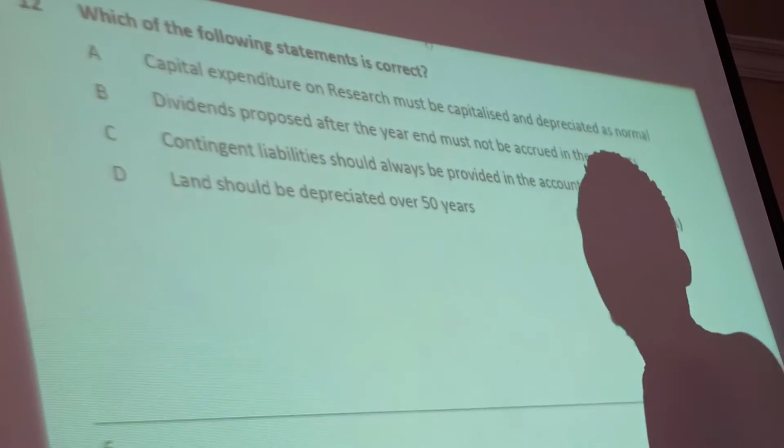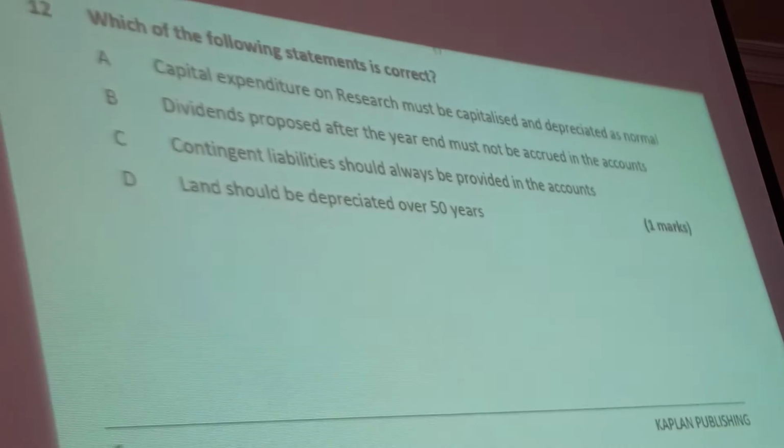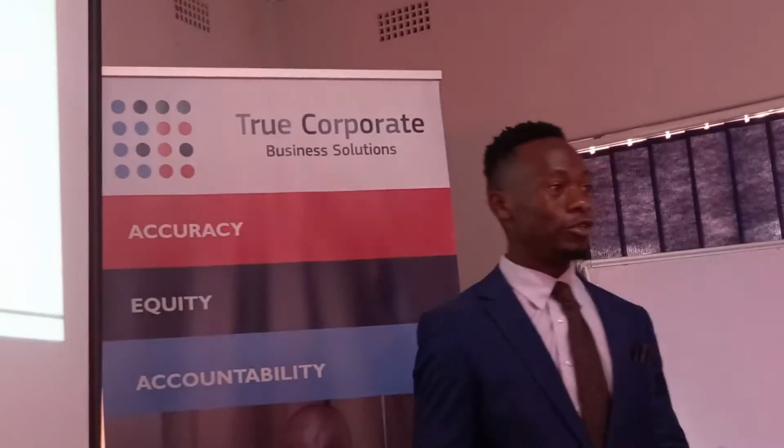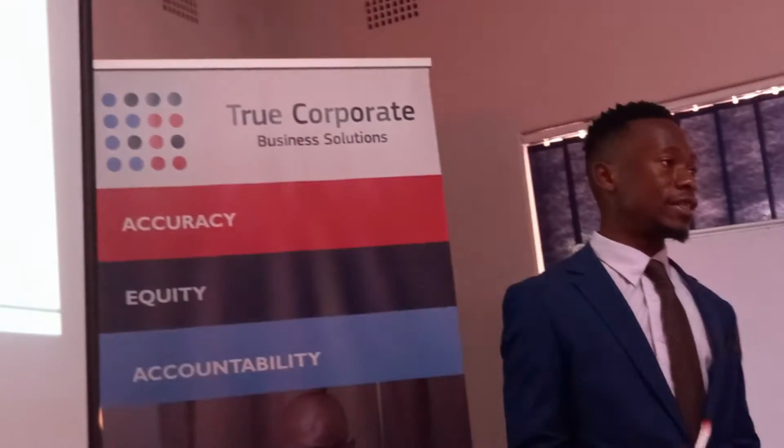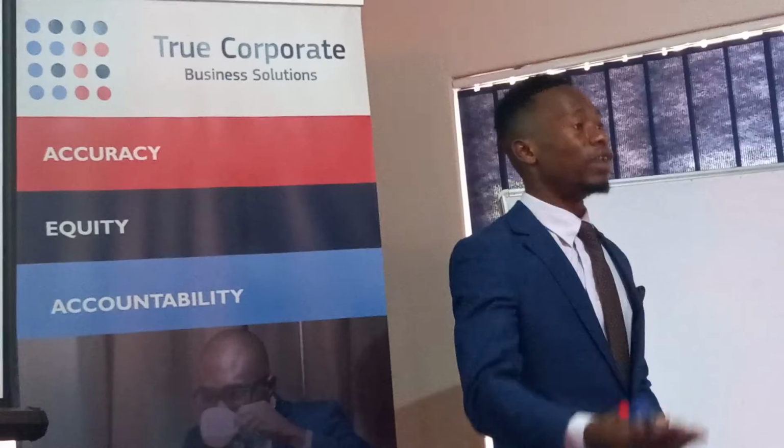No, D is wrong. Land should be depreciated over 50 years? Guys, we don't depreciate land, right? We depreciate all assets, all non-current assets except for land. The assets that are depreciated lose value every year. They will be decreasing. You can even say after so many years they will have a new value. But land is not depreciated.